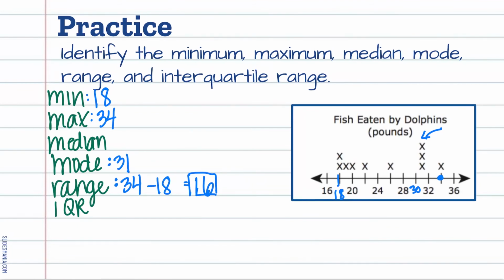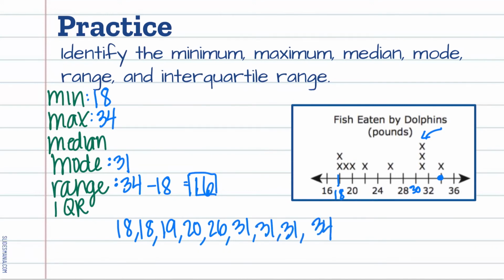To find my median and my interquartile range, I'm going to go ahead and list out my values. So I have two values for 18, 19, 20, 26, 3 values for 31, because that is my mode, and a value for 34.